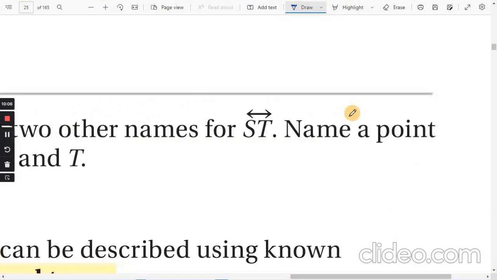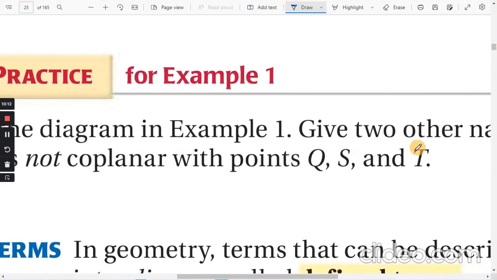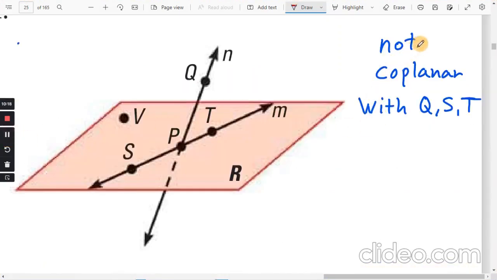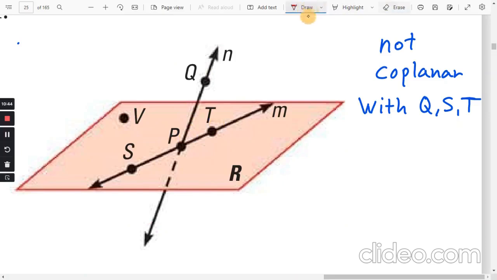Okay, part 2, I want you to name a point that is not coplanar with points Q, S, and T. Let's take a look. So see if you can find a point that is not coplanar with points Q, S, and T. Okay, QST, if you imagine that the screen is a plane, the plane that's going straight up and down, Q, S, and T would be on that plane, and so is point P. However, if you look at point V, that is out in another direction.